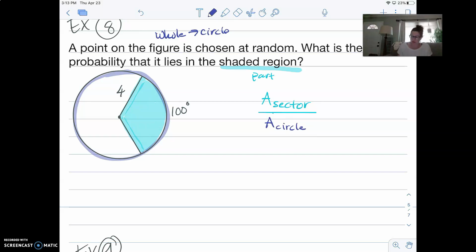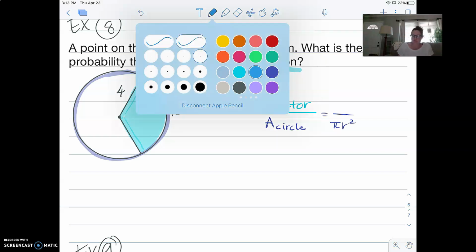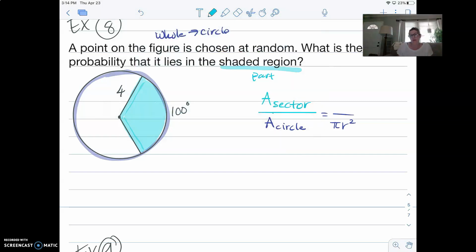So the area of the circle is pretty straightforward. The formula for the area of a circle is pi r squared. The formula for the area of a sector, you have to go all the way back to whatever the circle's unit is, unit 6, and it is theta over 360 times pi r squared.